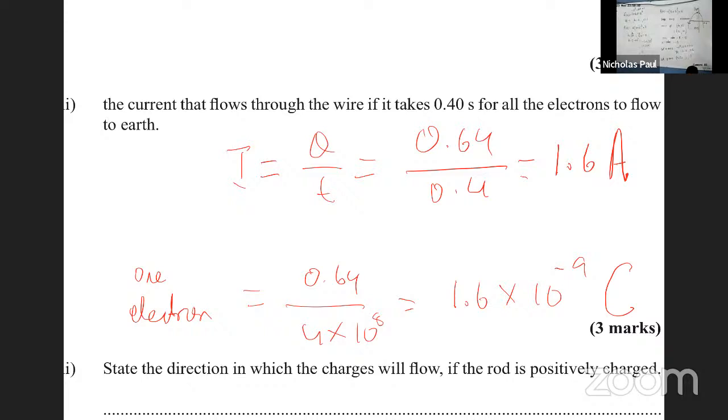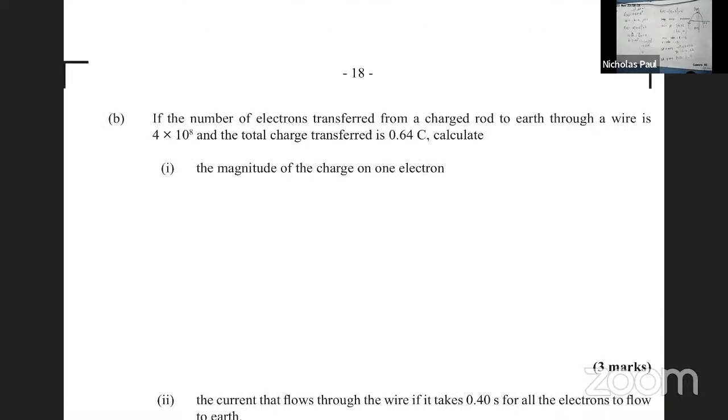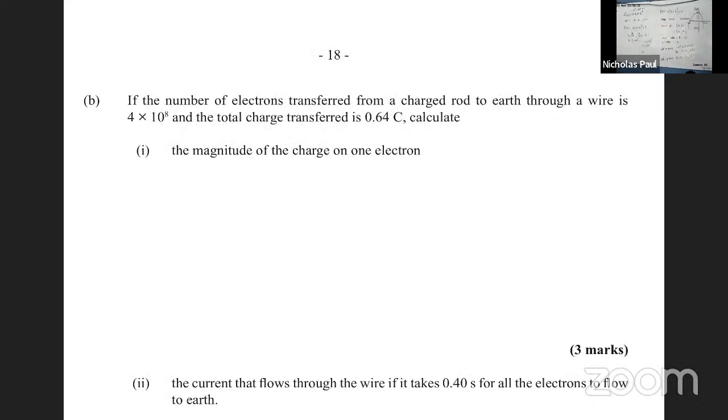State the direction in which charges will flow if the rod is positively charged. So if the rod is positively charged, what direction will the electrons flow?